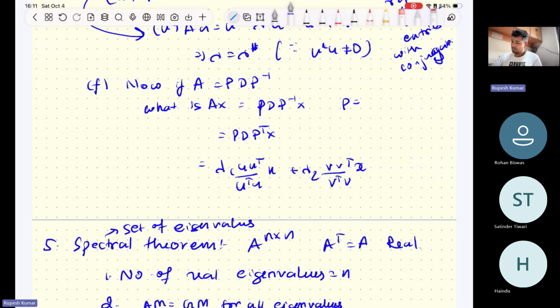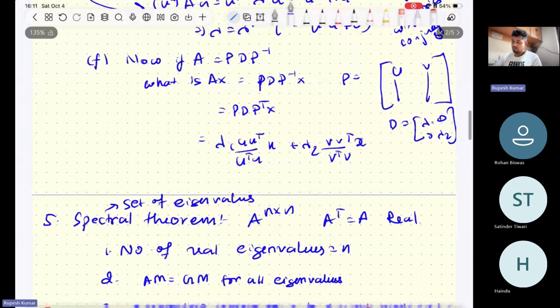P is essentially U, the first eigenvector, and V, the second eigenvector, and D is essentially lambda 1 and lambda 2.